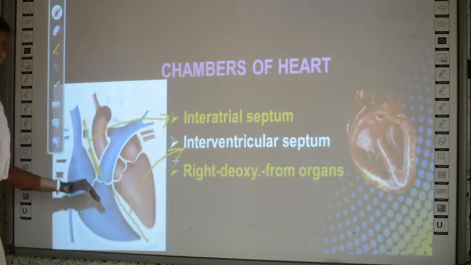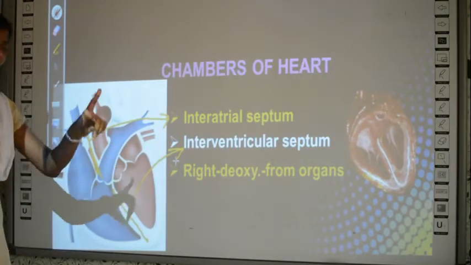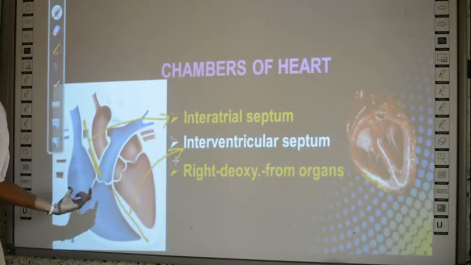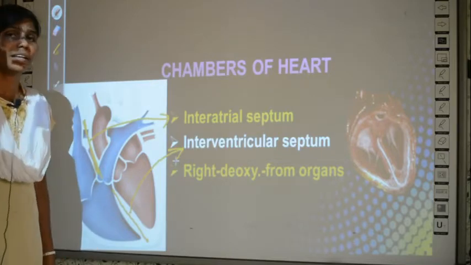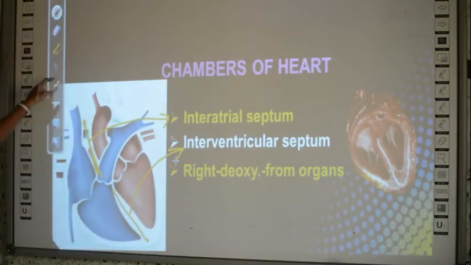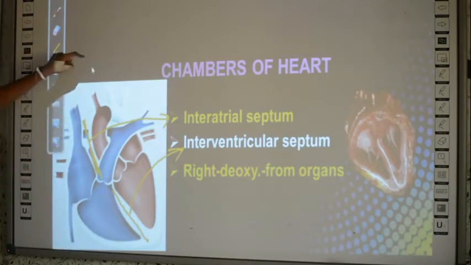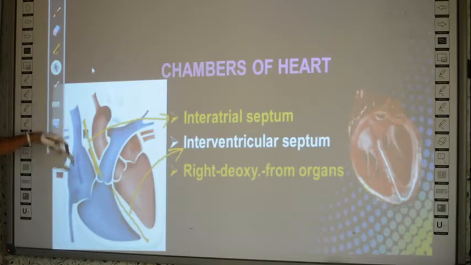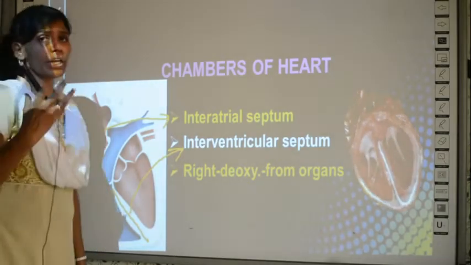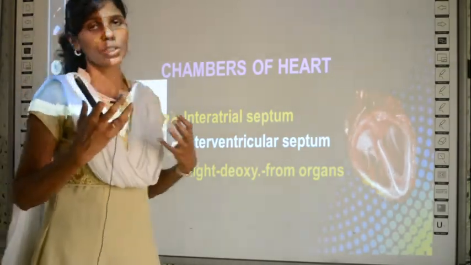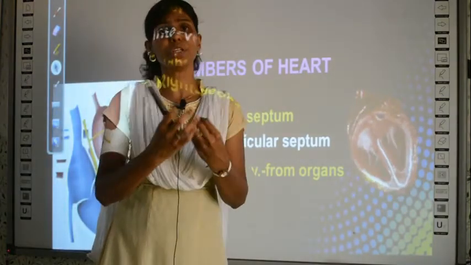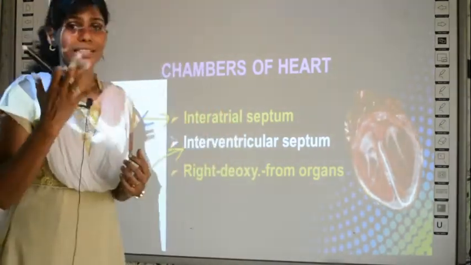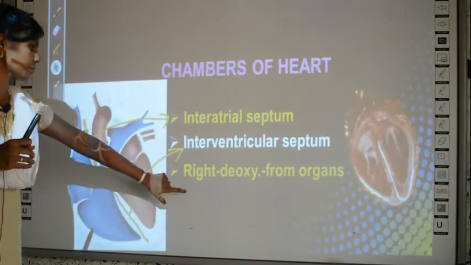So the right side, which is shaded blue, has deoxygenated blood, and it gets it from all parts of the body. When the body organs use the oxygen, the blood will have a shortage of oxygen. That's why it is lacking oxygen.